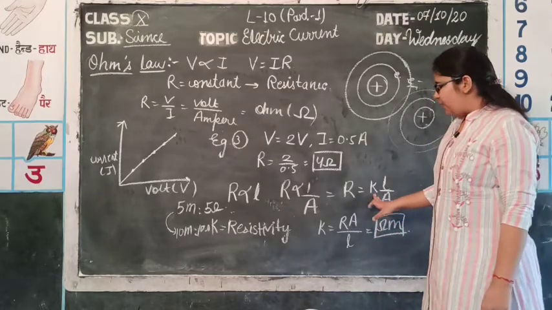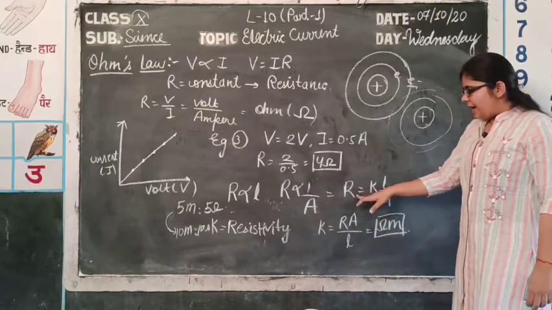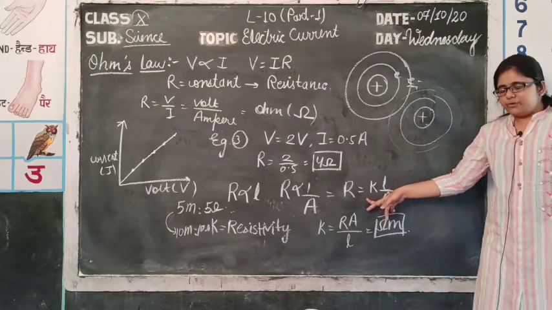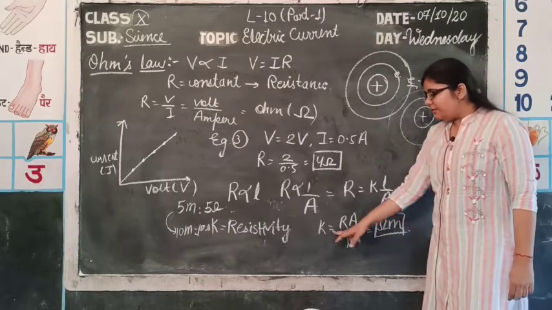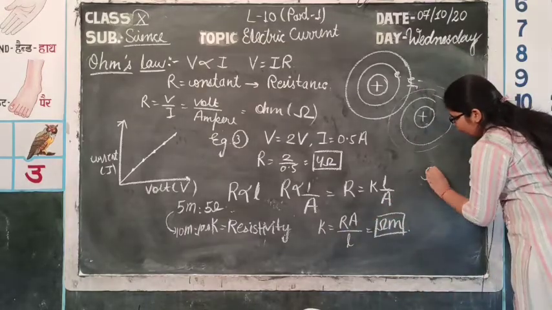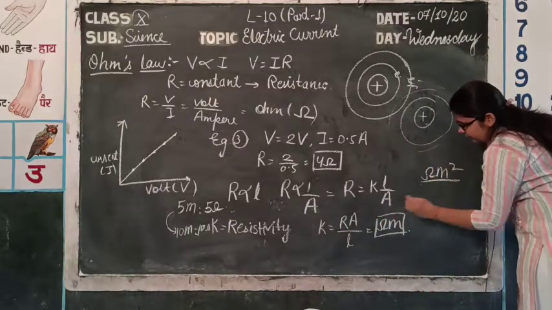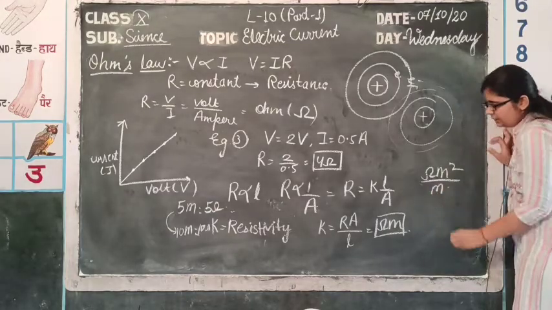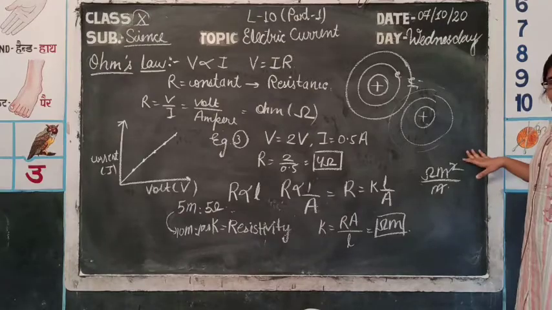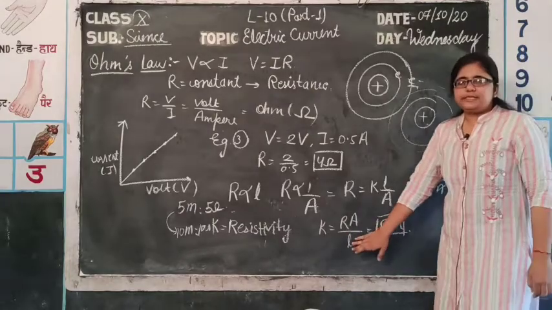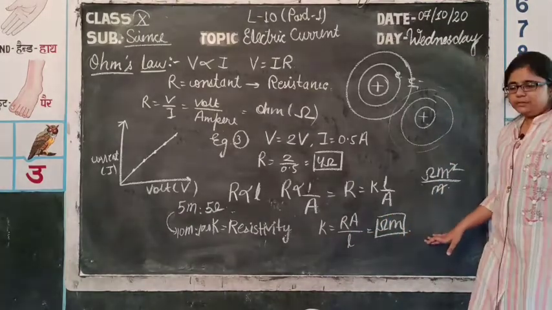The formula of resistivity is R multiplied by the area of cross section and divided by the length of the wire. The unit of resistivity will be ohm meter square divided by the unit of length, that is meter. One meter cancels from the upper one and the unit of resistivity is ohm meter.